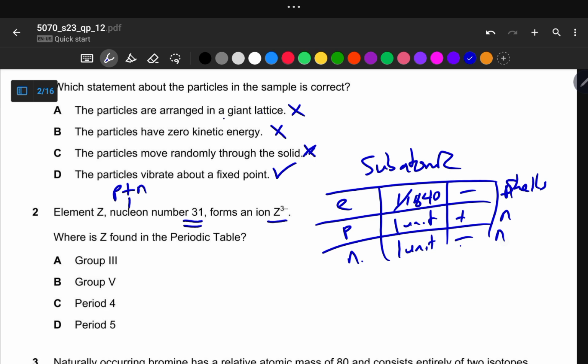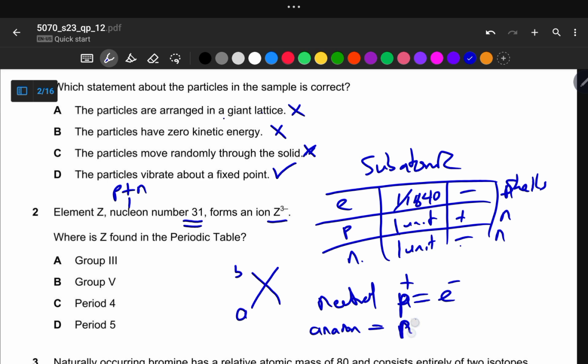So the nucleon is what we call the mass number, and then we can write Z in the nuclide notation, A, B. So for a neutral atom, the number of protons is equal to the number of electrons, right? And then for a charged particle, for an anion, the number of protons is less than the number of electrons.